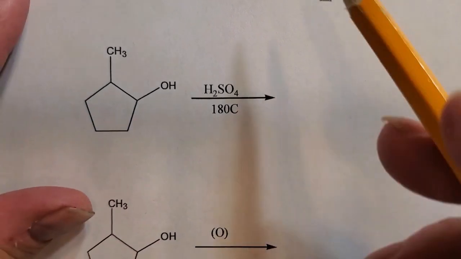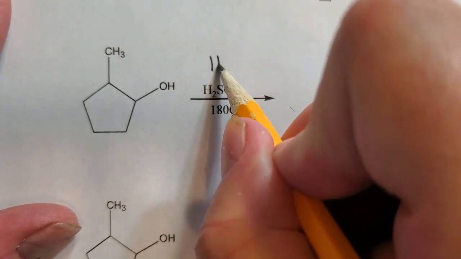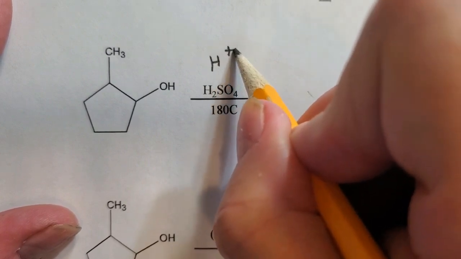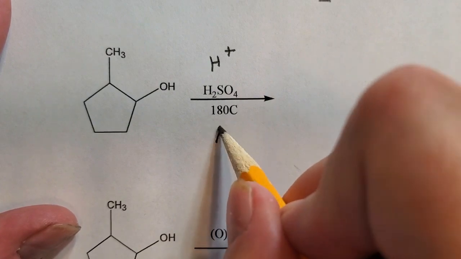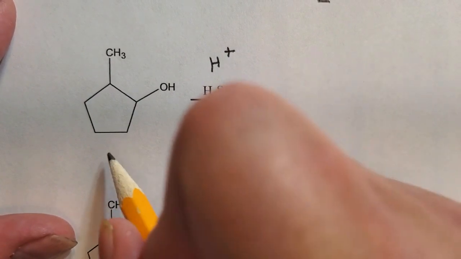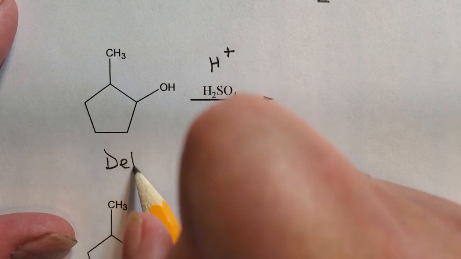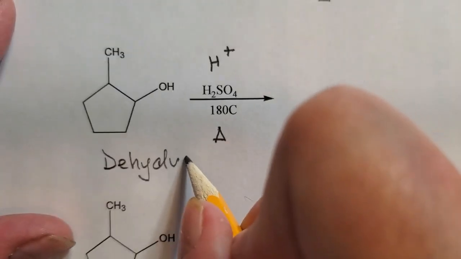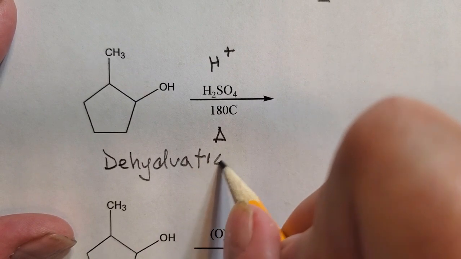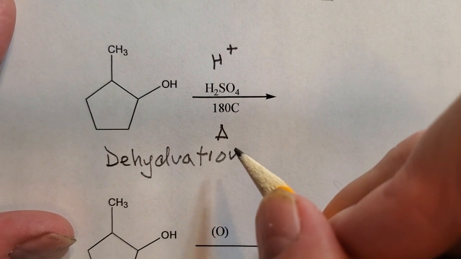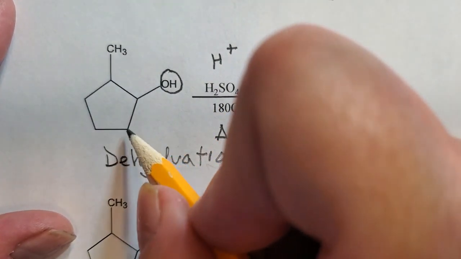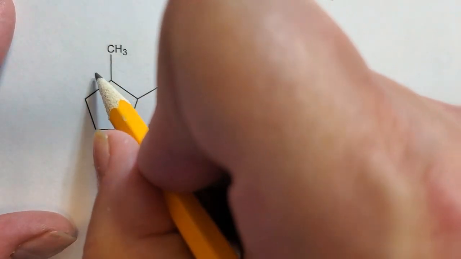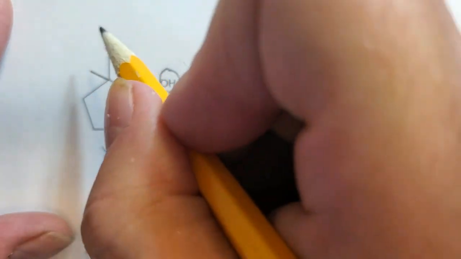Okay, let's do this one. This is H plus, so H2SO4 is a strong acid, that's H plus. Here we have heat. So this is going to be a dehydration reaction. Dehydrate, removal of water. Here's where the OH of the water comes from. Now we could pull off this hydrogen to complete the removal of water, or this hydrogen.